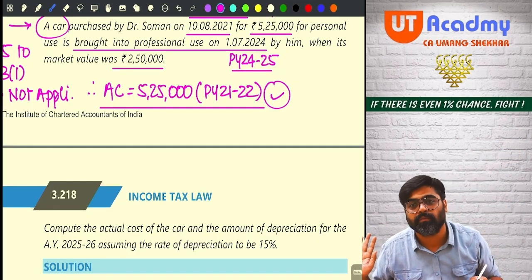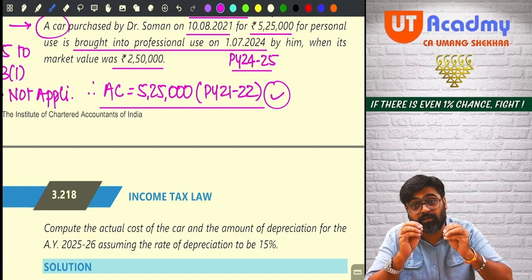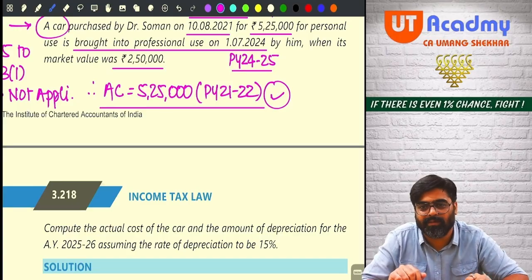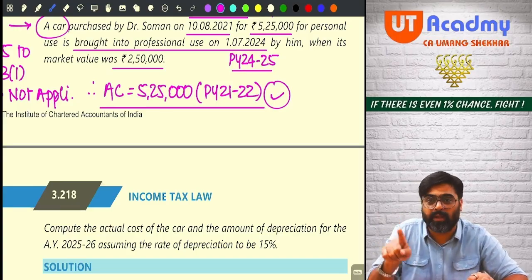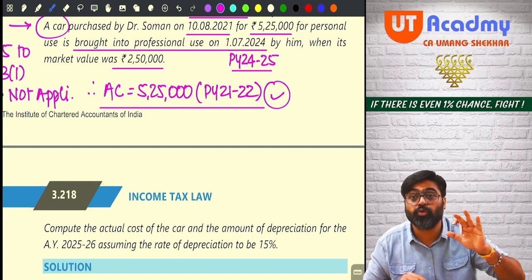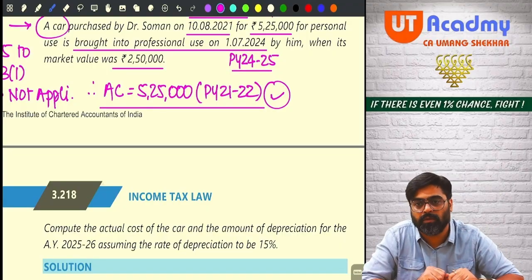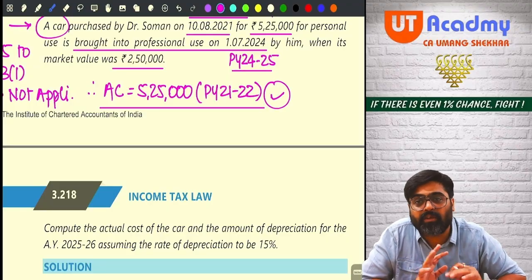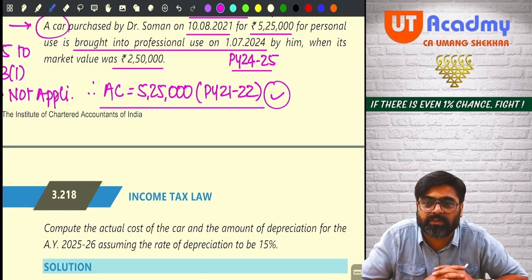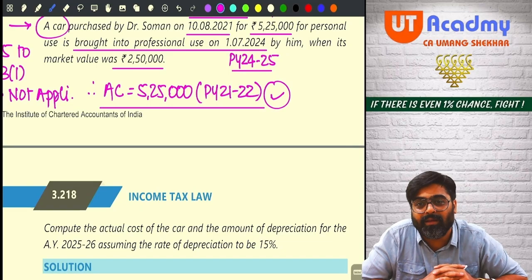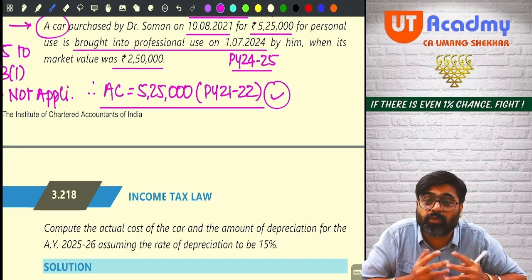That's it. Getting my point? That's it. As simple as that. Just imagine how they are exploiting all these details in the question. You should be aware about those things. Okay? And the biggest mistake which we do, we just keep on solving the question without even knowing that if this question is twisted.